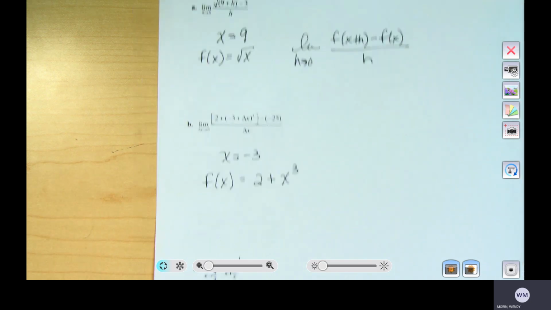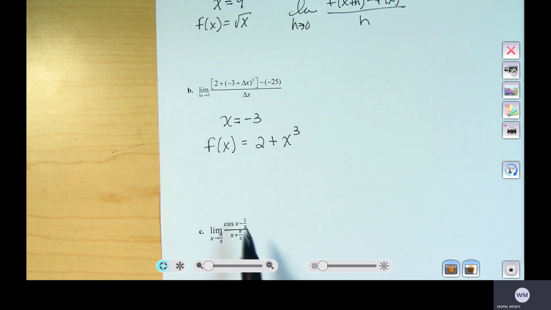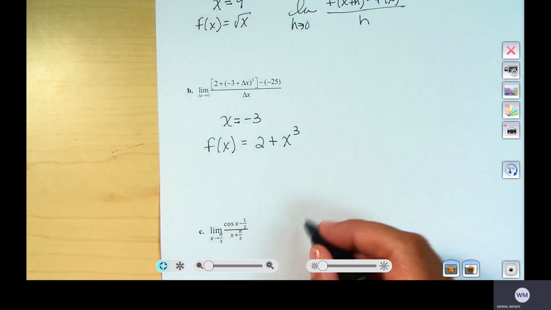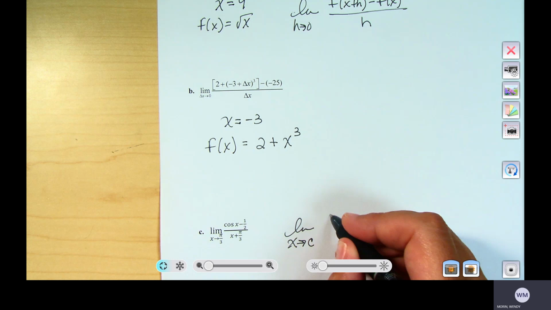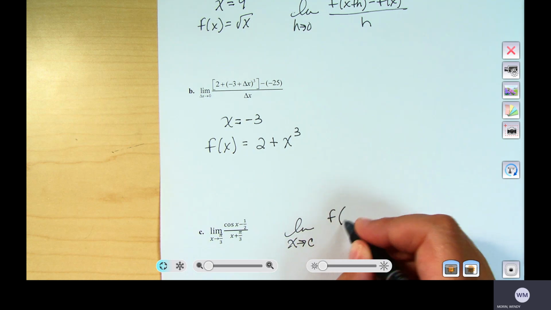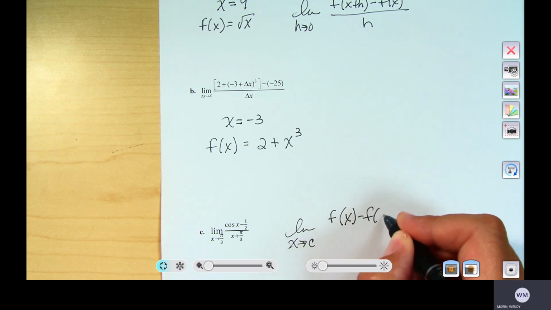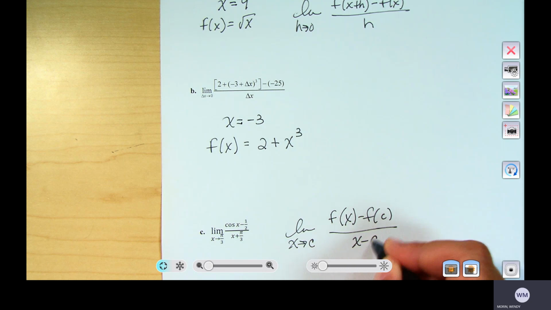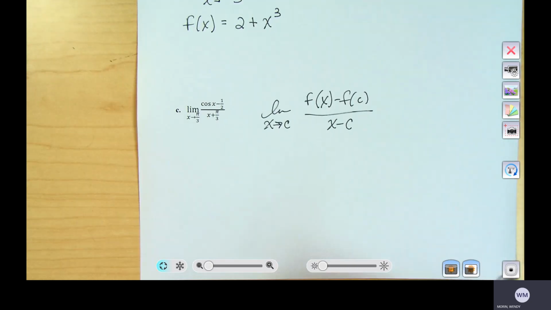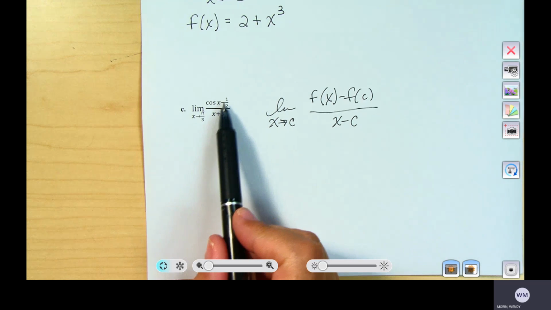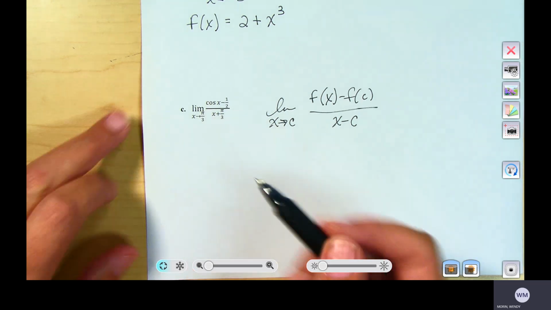Then the third form, coming from lesson 2.1, is the limit as x approaches c of f of x minus f of c all over x minus c. That's this form right here. So this right here is our f of x.